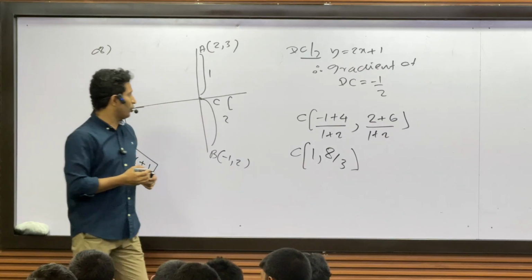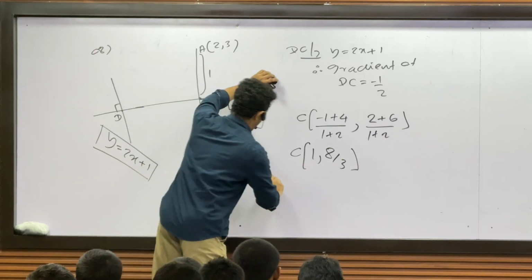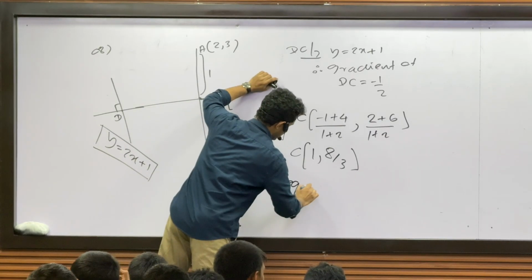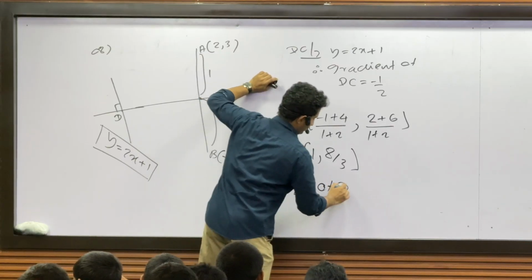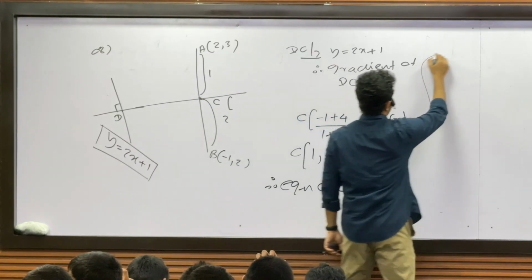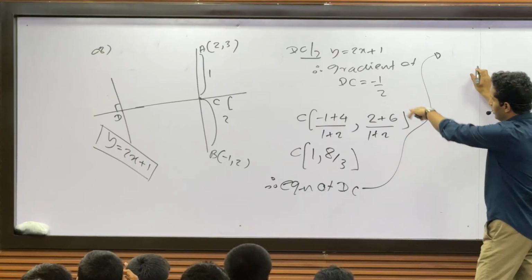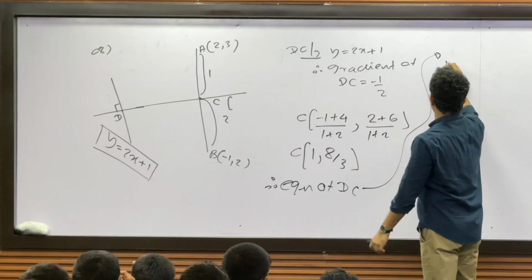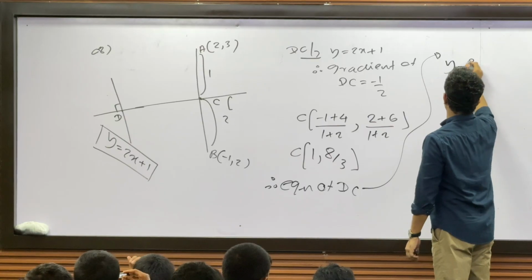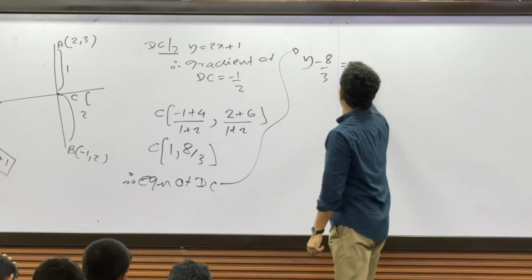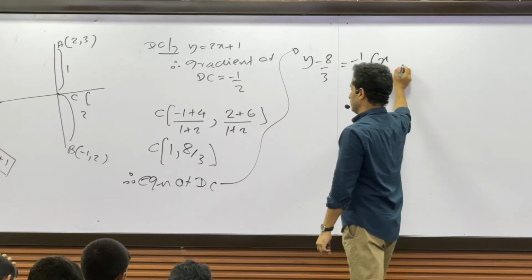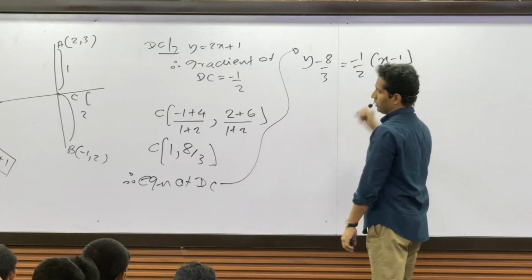Therefore, the equation of DC. We know the gradient and the point: y minus y naught, y minus 8 over 3, equals m, minus half, times x minus x naught, x minus 1.